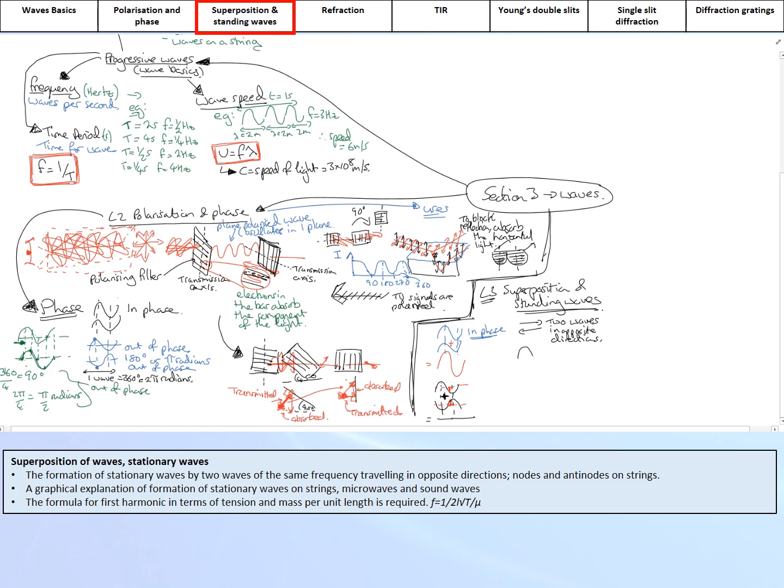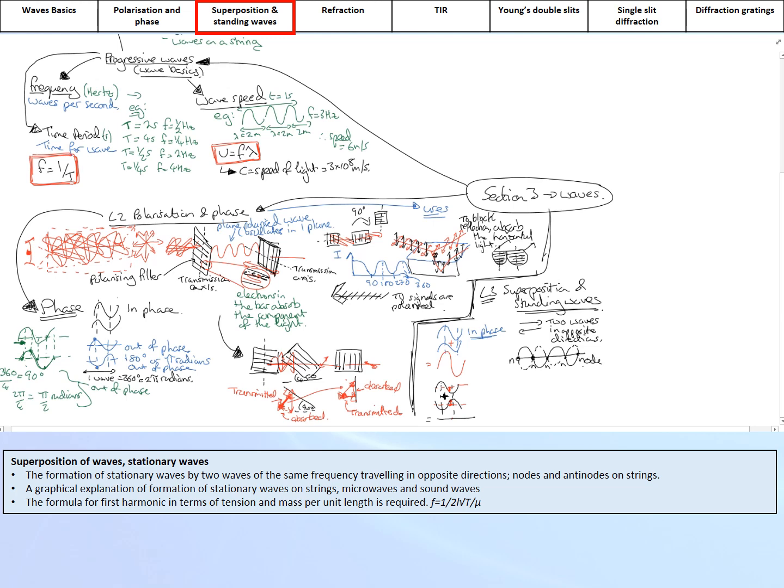We see that standing wave pattern, where there are points on, say, the string. Let's imagine this is the string in the stationary position, and you pluck it and it goes up and down. There are points where there's no movement at all. Let's label those with an N, N, N. There are points where there are no movements.